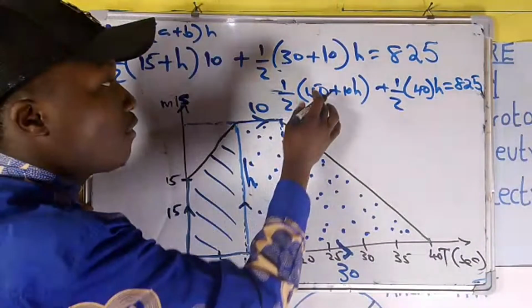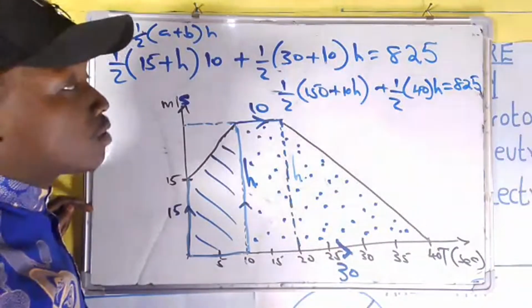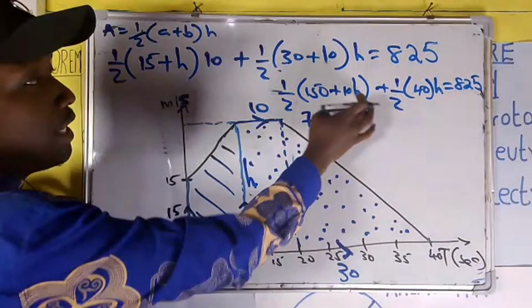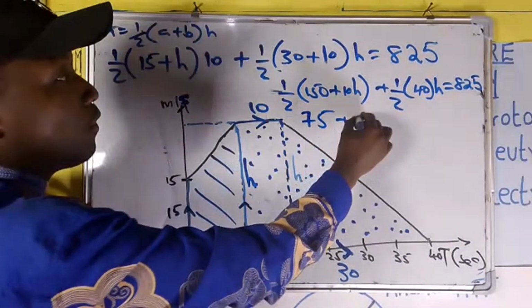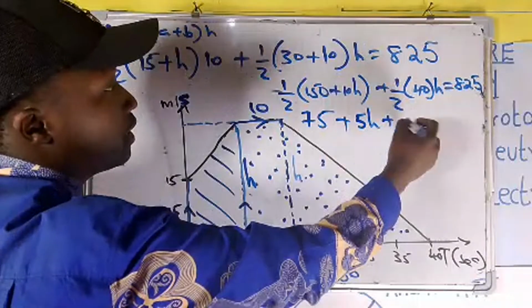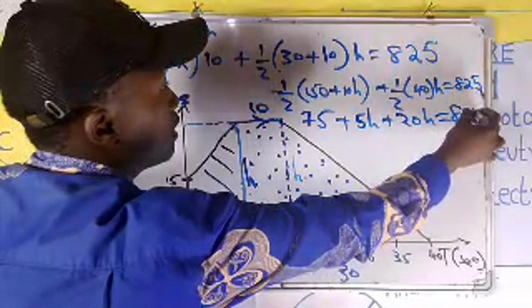What is a half of 150? A half of 150 is 75, plus a half of 10h is 5h, plus a half of 40h is 20h, is equal to 825.